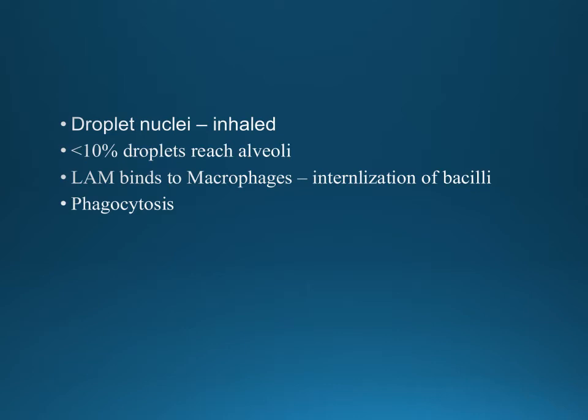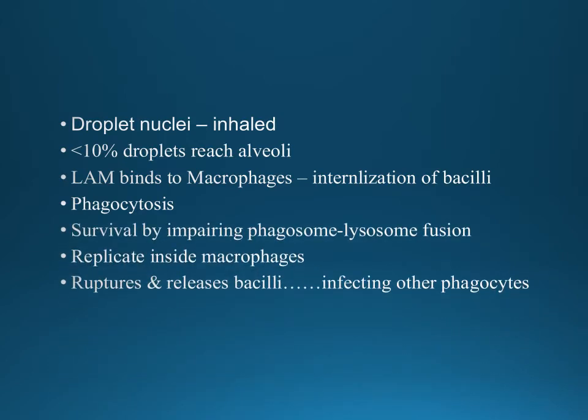There, the lipoarabinomannan present on this bacteria will bind to the macrophages, and after binding, the bacteria will enter the macrophages. That is called internalization of bacilli. The bacteria entering the macrophages is known as phagocytosis.